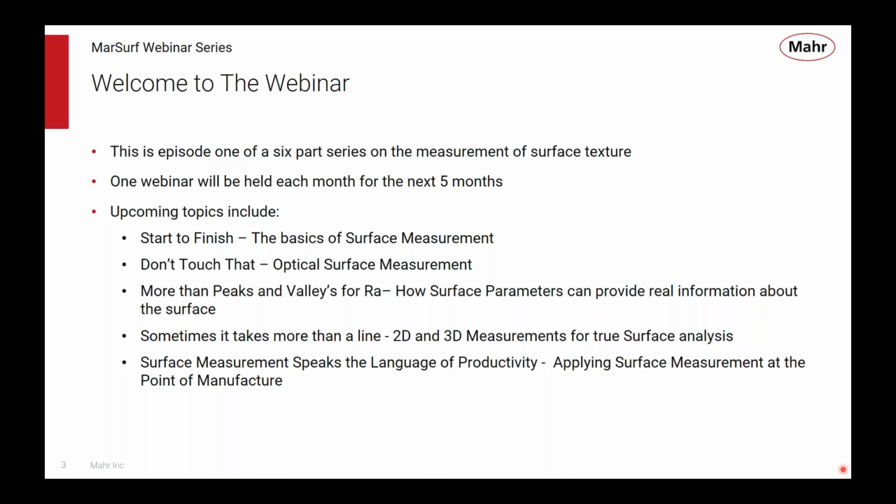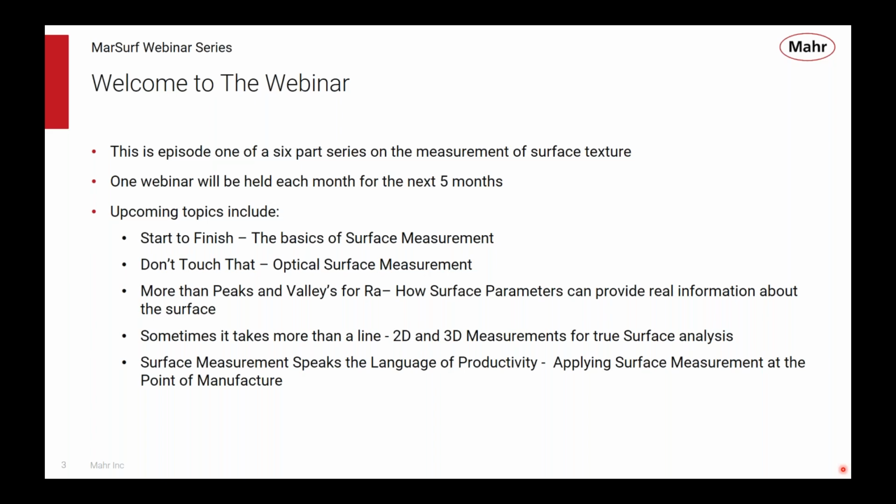And we will address topics like the basics of surface measurement. A lot of people tell us that things are sometimes confusing, but the foundation of surface measurement is really pretty straightforward.